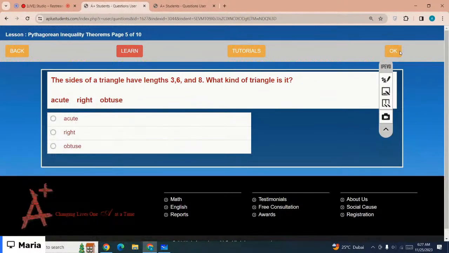The sides of a triangle are 3, 6, and 8. What kind of triangle is this?